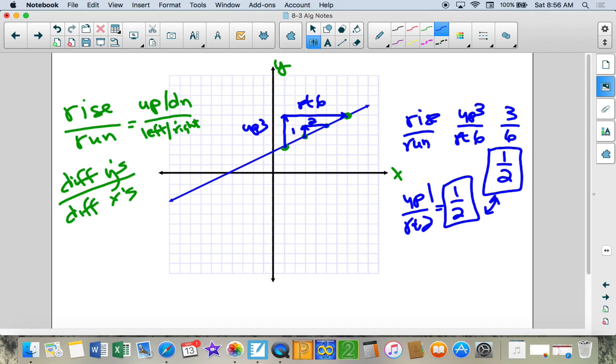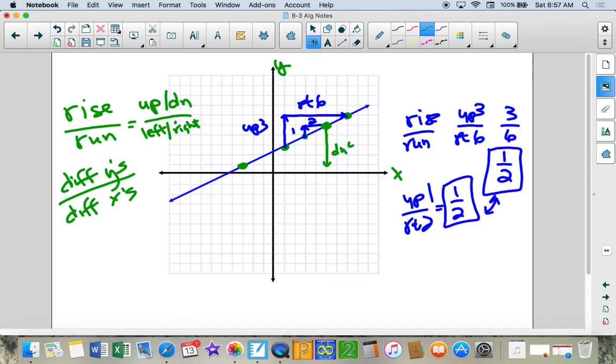What if I take this point right here? What if I introduce a new point, and let's go from this point to this point? So now we're moving from the right to the left. So going up, down from this point, well, I'm going to have to go down 1, 2, 3, 4.